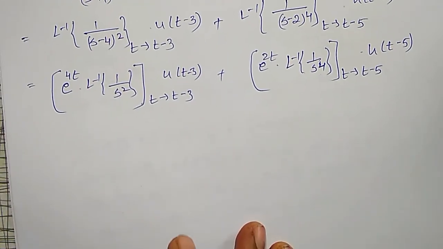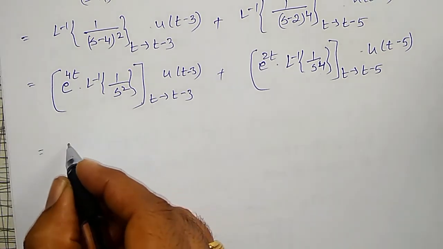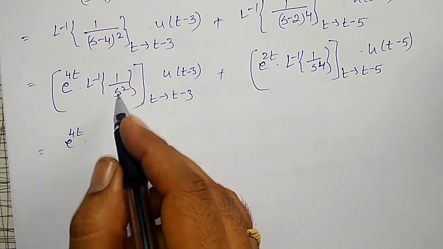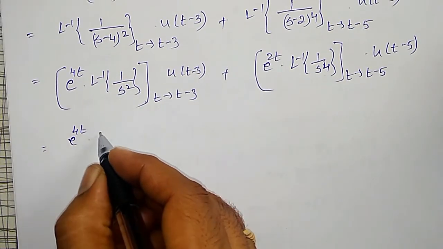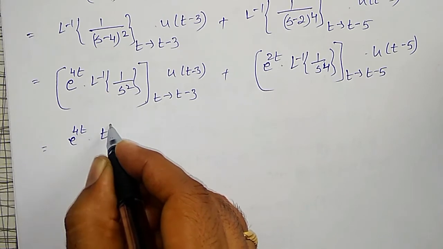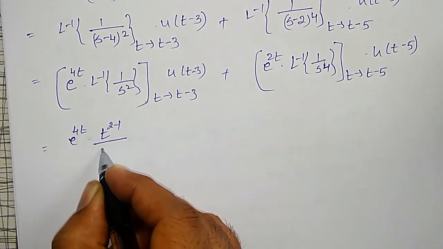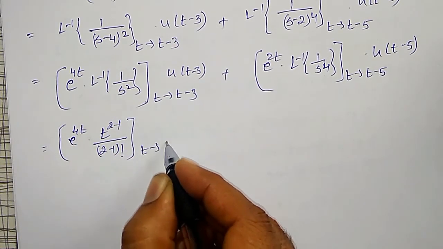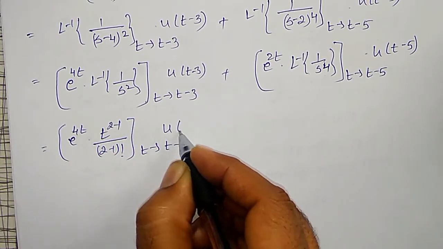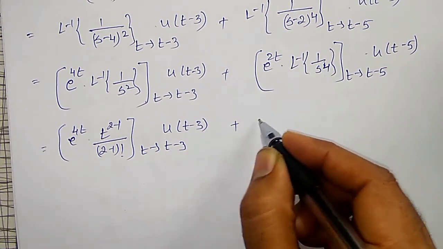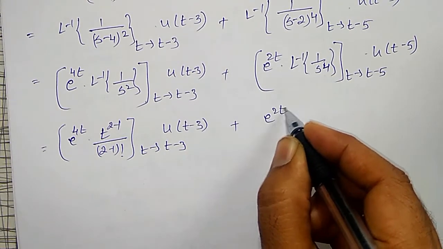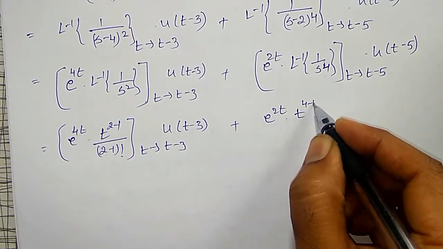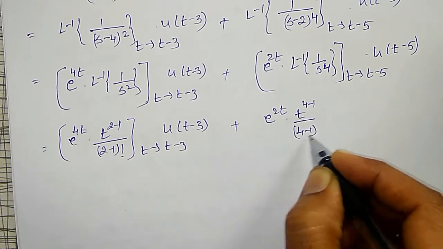Let me simplify this as e to the power 4t into the inverse Laplace transform of 1 by s square, which will become t to the power 2 minus 1 divided by (2 minus 1) factorial, with t replaced by t minus 3, u of t minus 3, plus here e to the power 2t, t to the power 4 minus 1 divided by (4 minus 1) factorial.